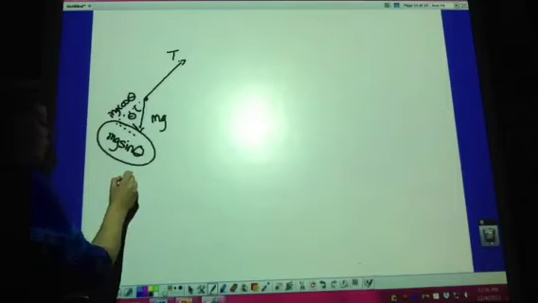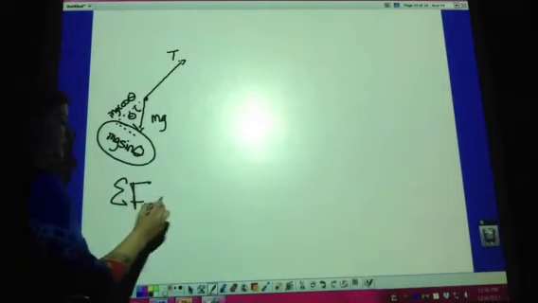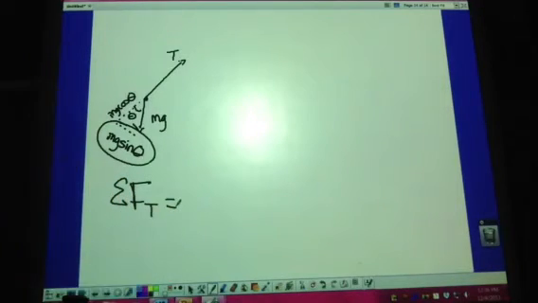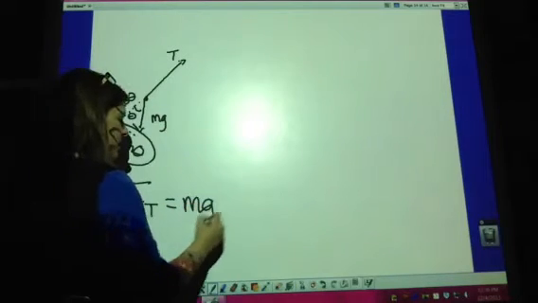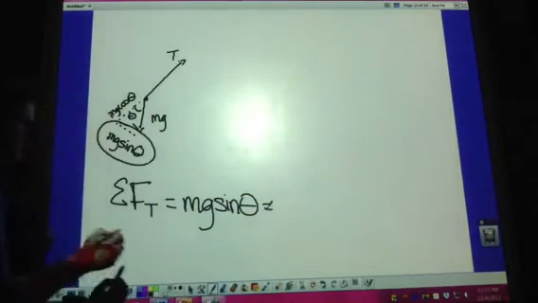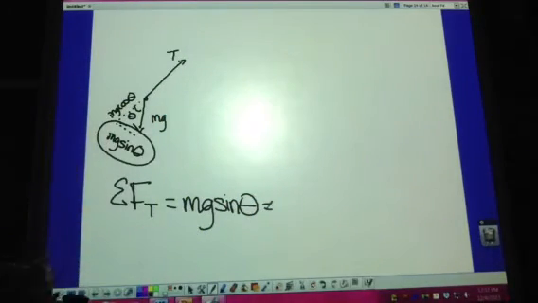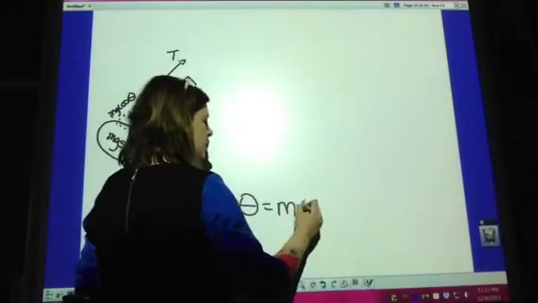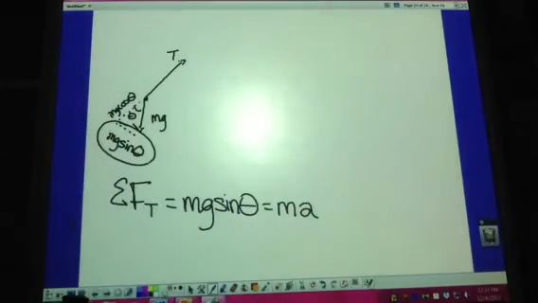So the tangential force is going to be mg sine theta, and that's going to equal, because we know it's moving and accelerating, mass times acceleration.